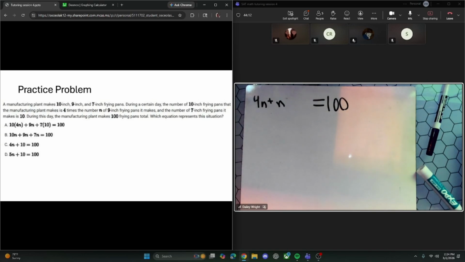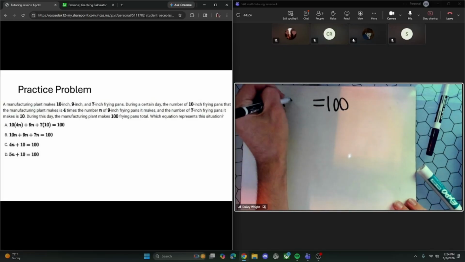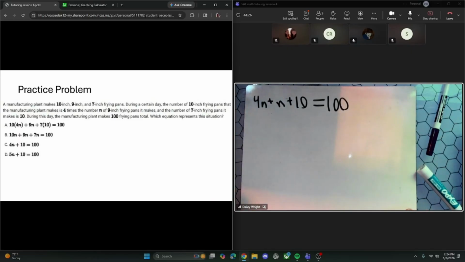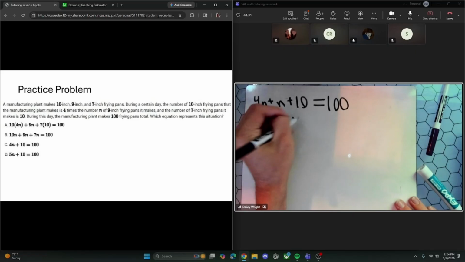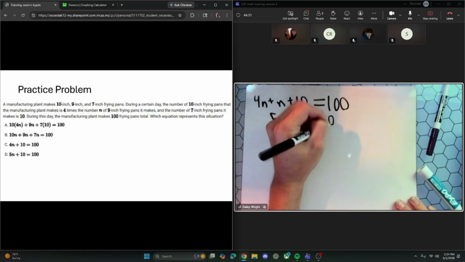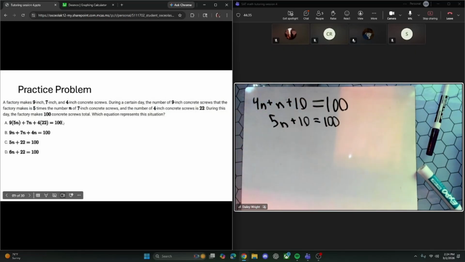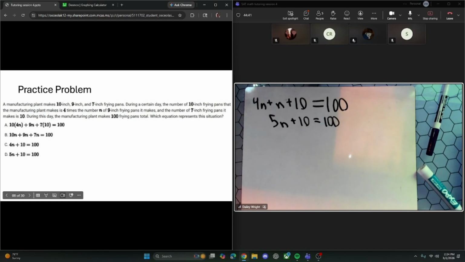It says the number n of 9-inch frying pans, which means the amount of 9-inch frying pans it makes is n. And then it gives us that the number of 7-inch frying pans it makes is 10. So you can automatically add 10 right here, and then combine your variables. 5n plus 10 equals 100. So your answer is going to be C. Whoa. D, sorry.